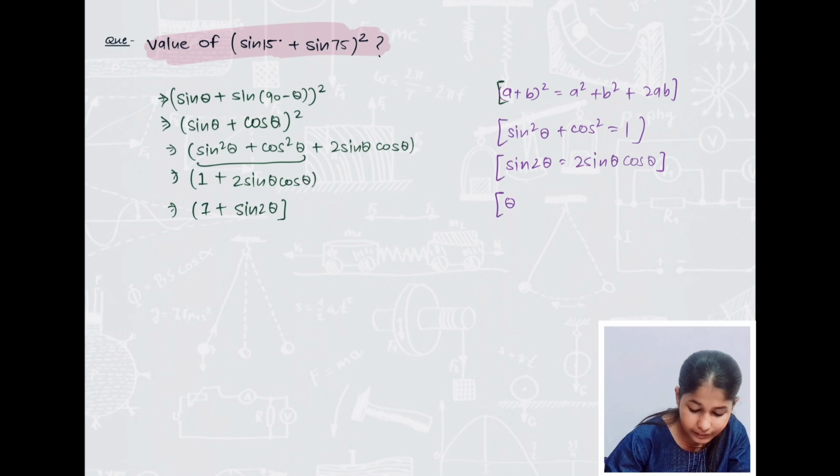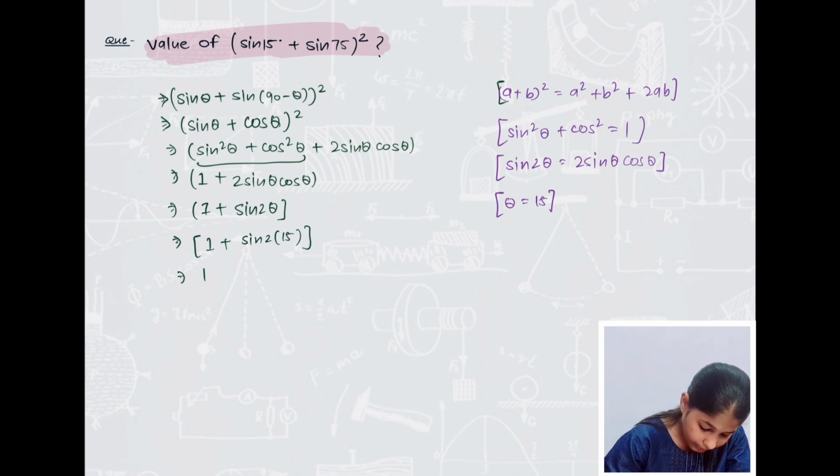Now, as you know that theta is equal to 15 here, so you are going to put here 1 plus sin 2 theta. What will we put? 15, and we will get sin 30. What is the value of sin 30?